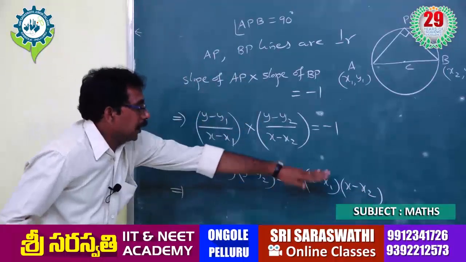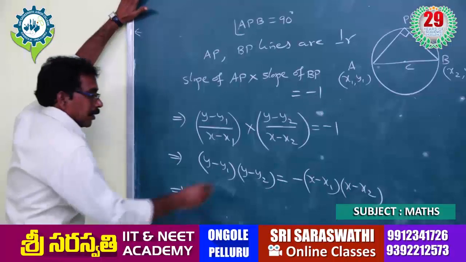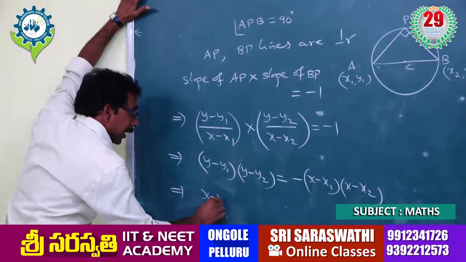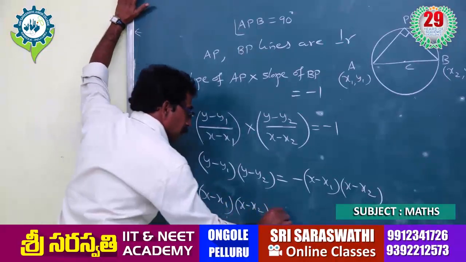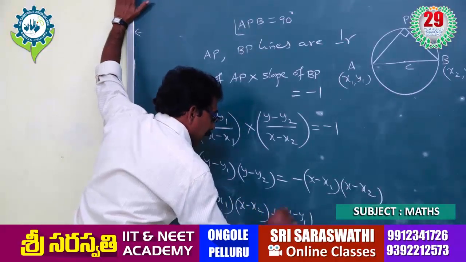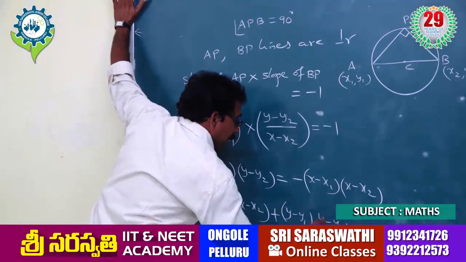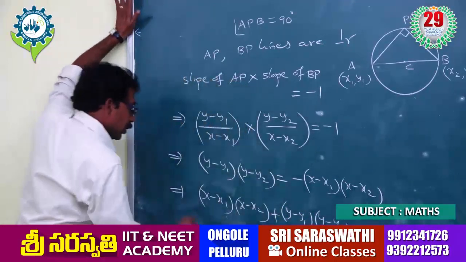Take that minus sign this side: x minus x1 into x minus x2 plus y minus y1 into y minus y2 is equal to 0.